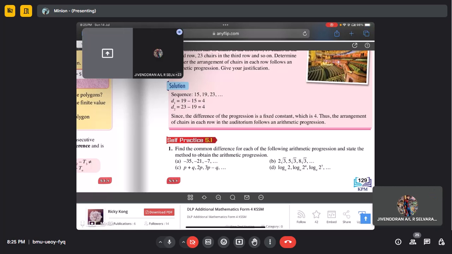I did the same with negative 21 minus negative 35 and negative 7 minus negative 1. I got 14 for both. So that means it's an arithmetic progression. Yes, correct. Good job. Your concept is correct. Anyone want to try B?